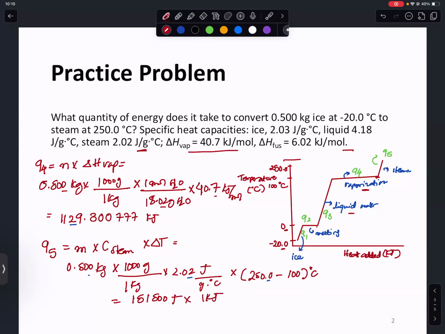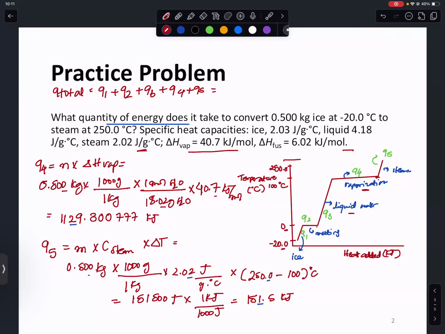And then I'm going to change to kilojoules, and this is going to give me 151.5 kilojoules, and there is 3 sig figs. Now, what we really want to do is the Q total, or the quantity of energy.